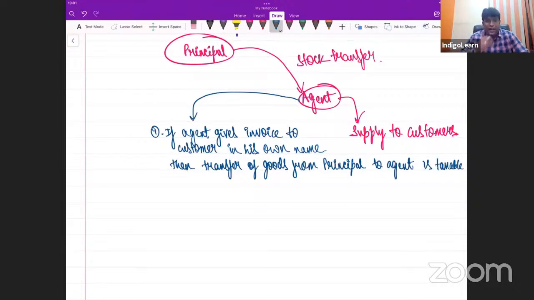Come on. If the agent gives an invoice to the customer in his own name, then only transfer of goods from principal to agent is taxable.